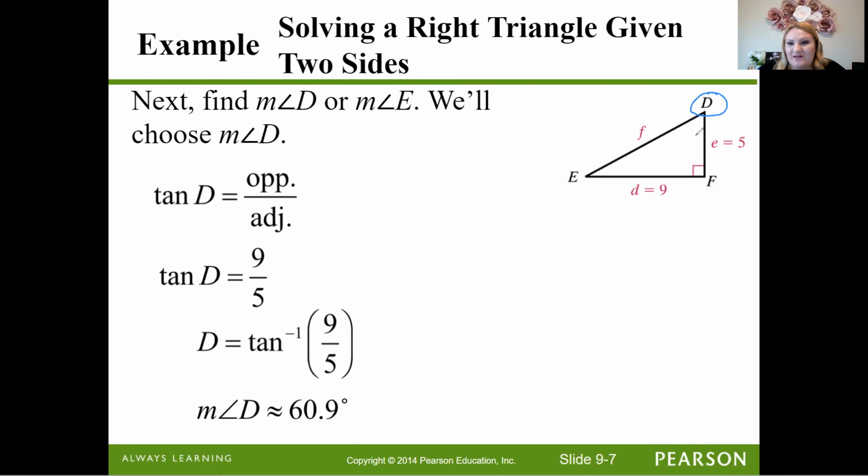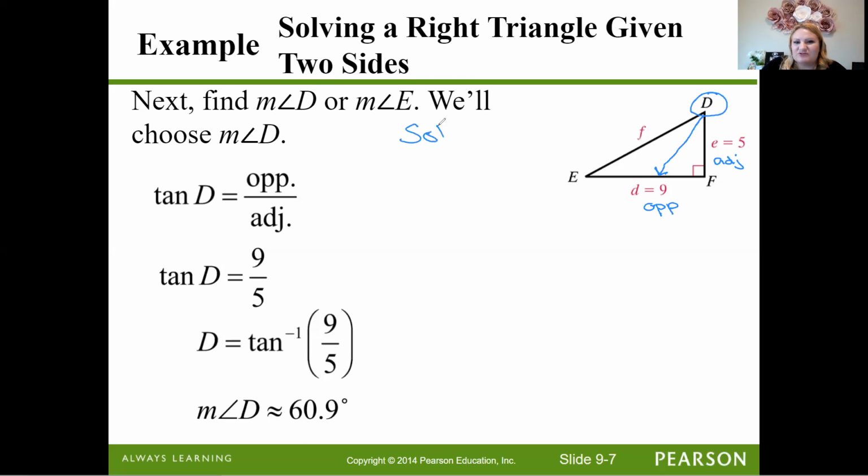So from D, we have the opposite side length. And then we have the one next to it, which is the adjacent. We just calculated what F is, but we're not going to use that since it's not given to us in this example. So we have the opposite, and then we have the adjacent, right?